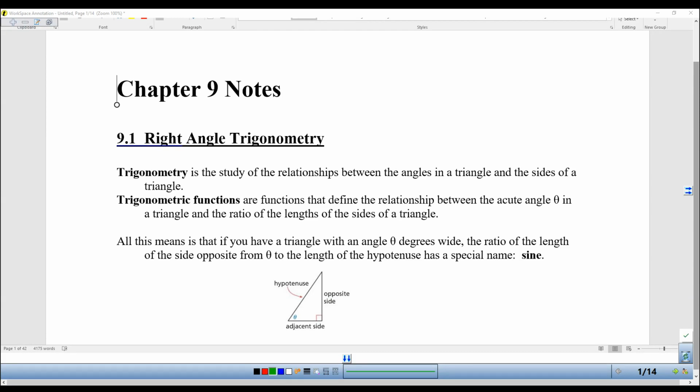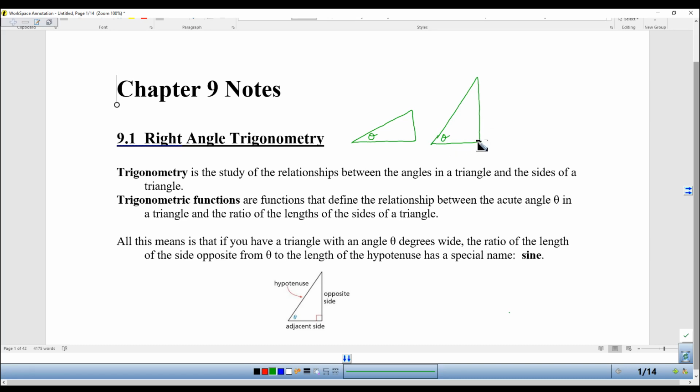So trigonometry is the study of the relationships between the angles in a triangle and the sides of a triangle. Just as a little example, if I had something that had a very small angle, then the side across from it would be really small. But if I decided to make that angle bigger, then I would also have to make the side across from it bigger.